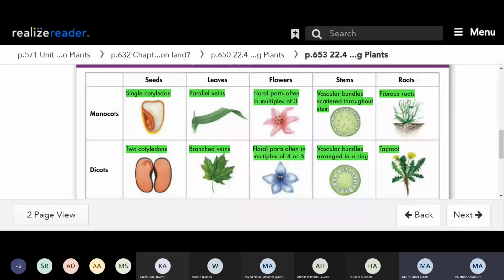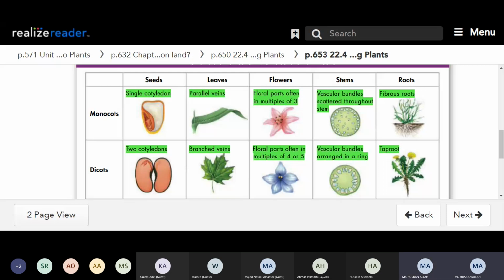So now you can see the seed first, on the basis of which we give the name monocot or dicot, right? That is the seed. If you look at the seed of the monocot, it has a single cotyledon, right? One leaf-like structure. On the other hand, dicot has 2 leaf-like structures, right? So based on the structure of the seed, we are giving the name monocot and dicot.